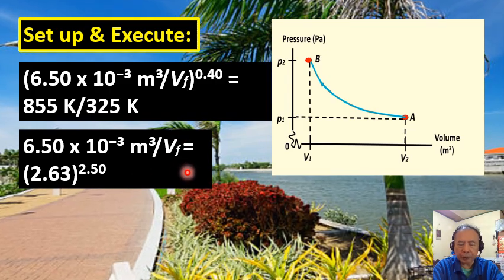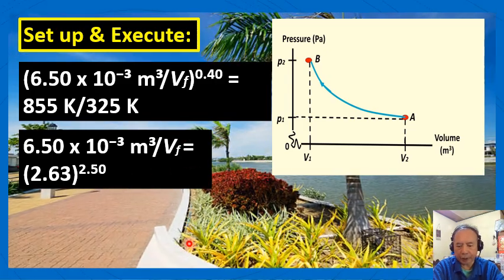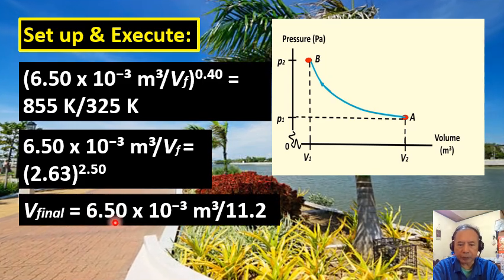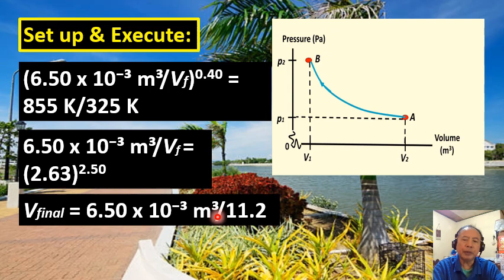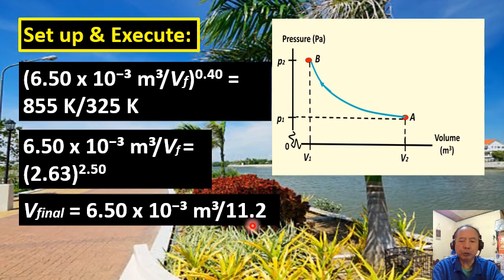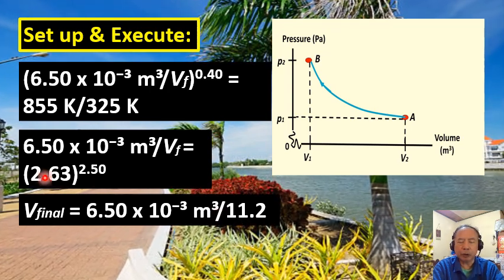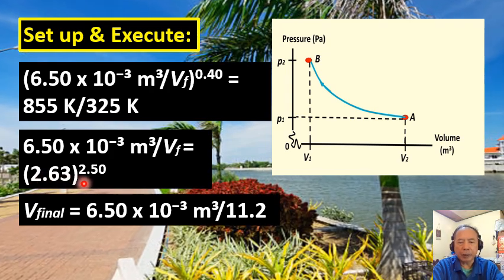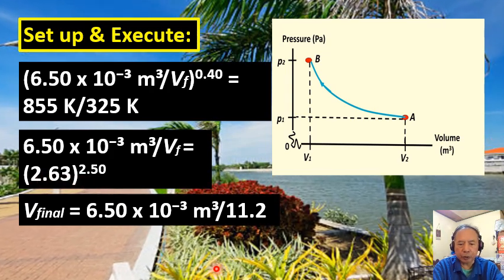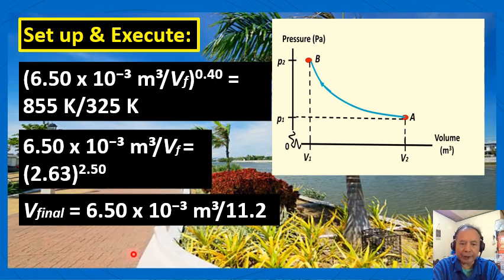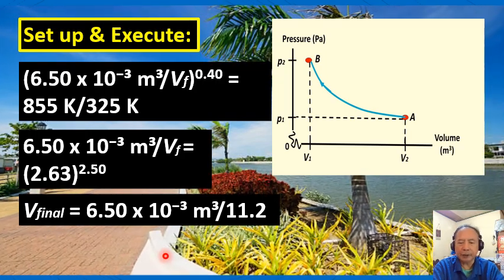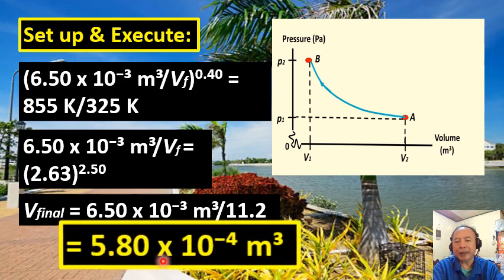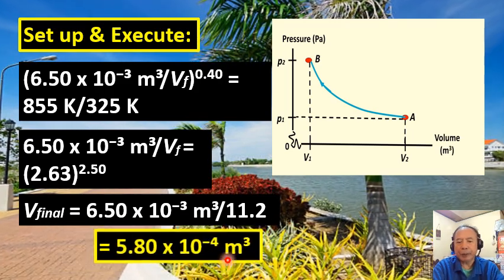Simplifying further, we get V_f equal to 6.50 × 10^-3 meter cube divided by 11.2. 11.2 is the result of 2.63 raised to the power 2.5. So we finally arrive at the value of the final volume of the gas equal to 5.80 × 10^-4 meter cube.